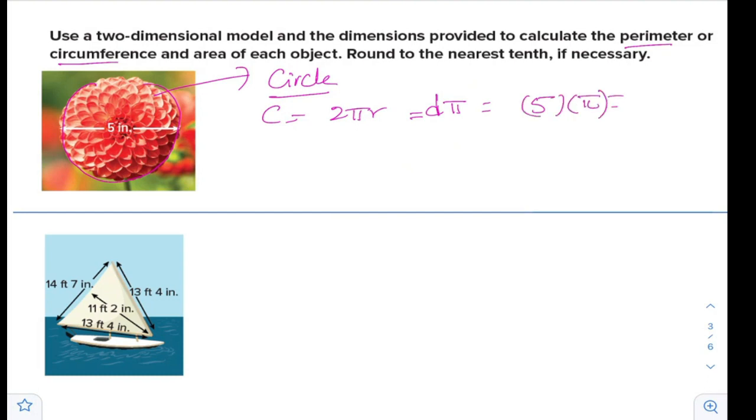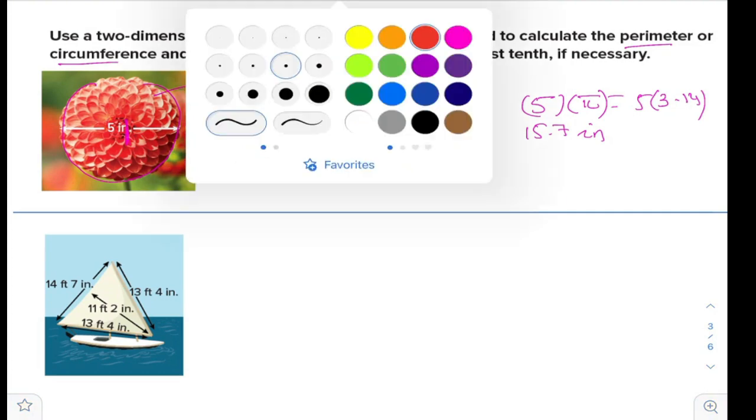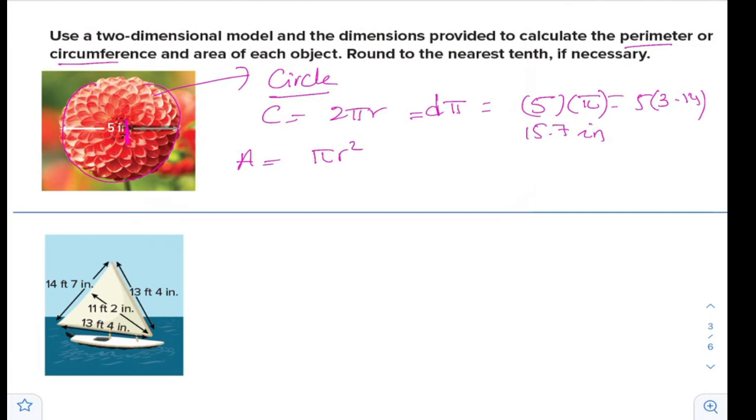5 pi, which is 5 times 3.14, which is 15.7 inches. I mean, this is inches. Like for the area, you need the r. So you need to find half of this distance. This is the radius from here to here only.